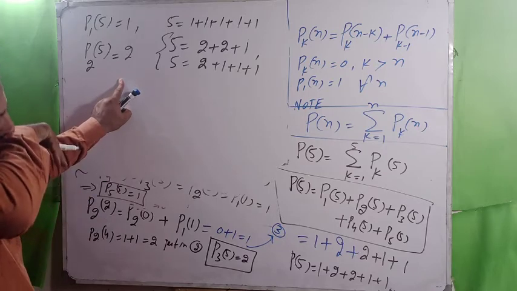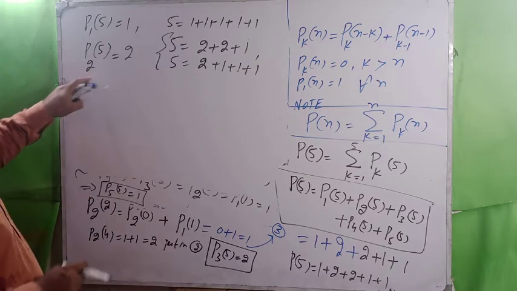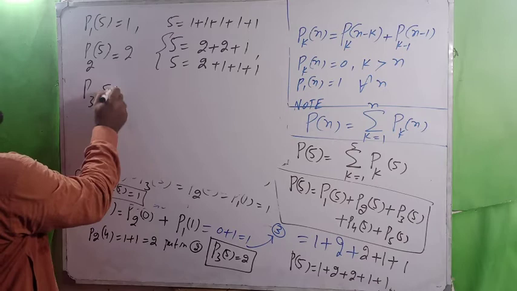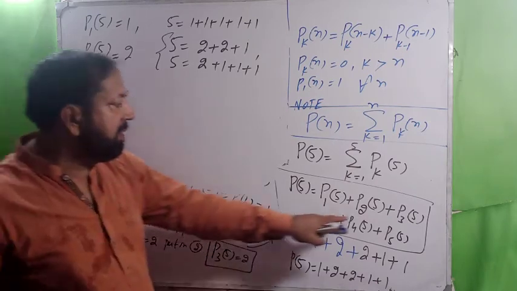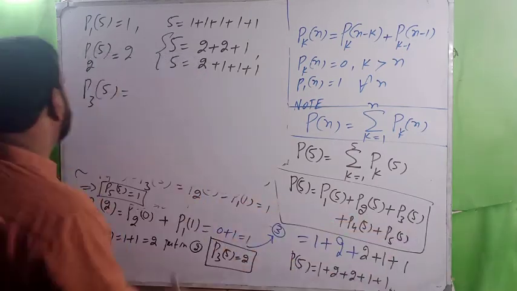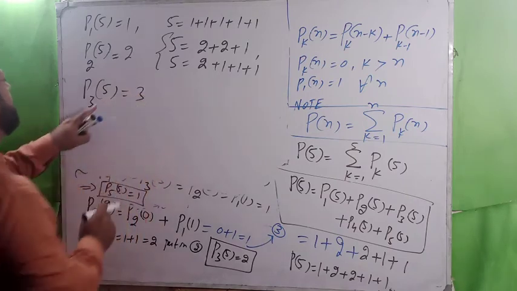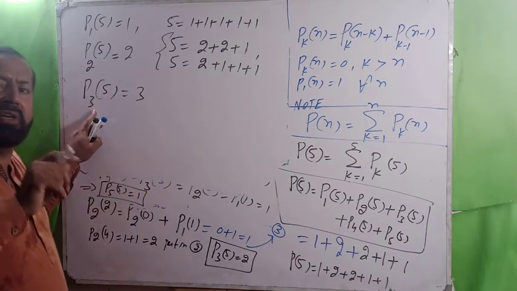Then P(3,5) is equal to 2, meaning the sum should be 5 with the help of 3 and lower integers.